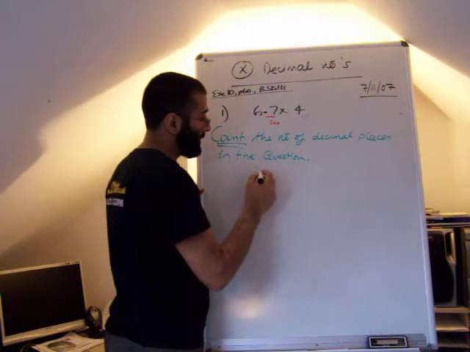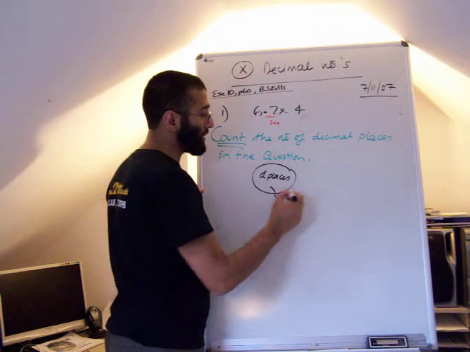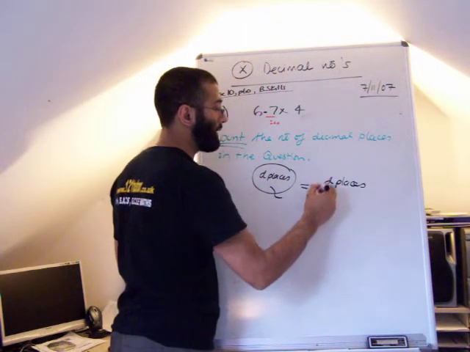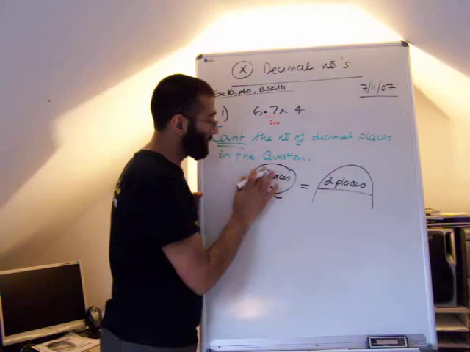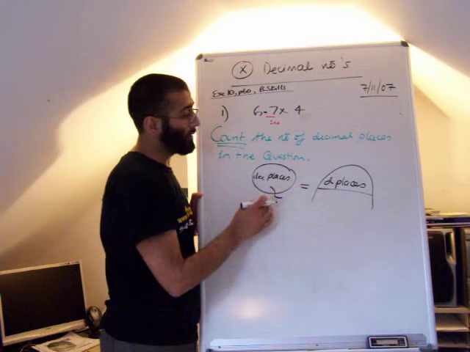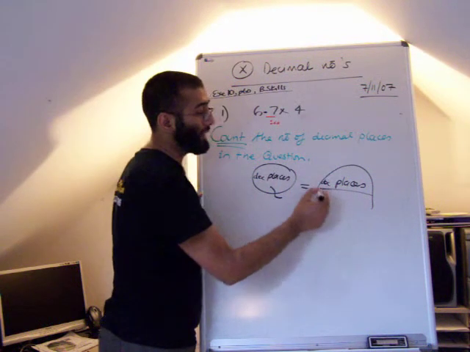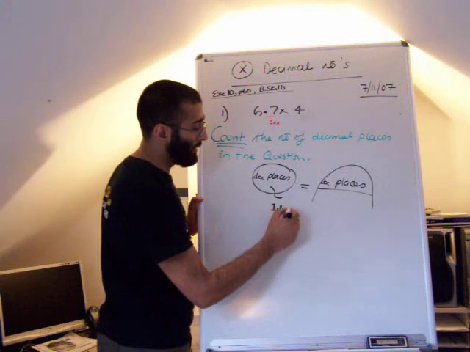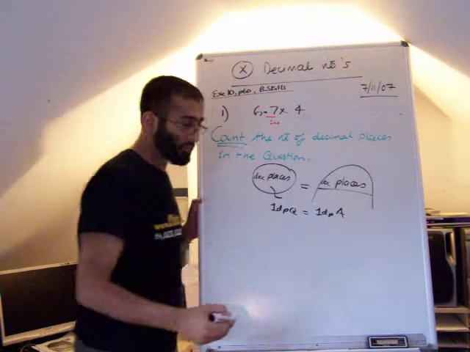Now the rule is that the number of decimal places in the question will be equal to the number of decimal places in the answer. So this is the question, and we have 1 decimal place in our question, so we should have 1 decimal place in our answer.